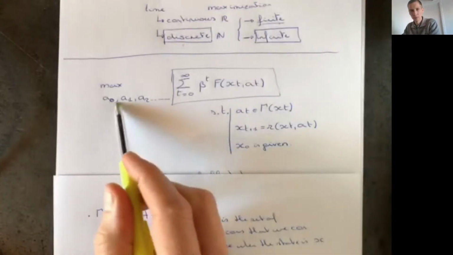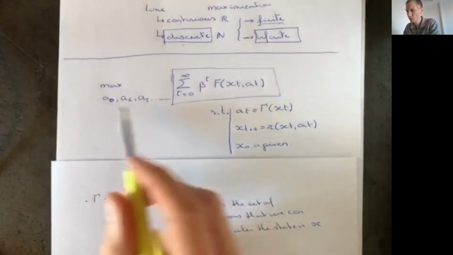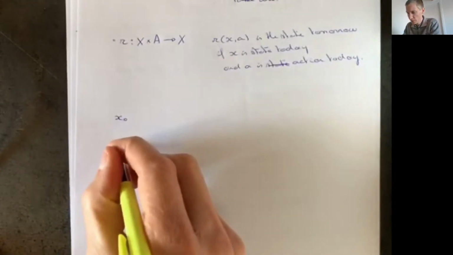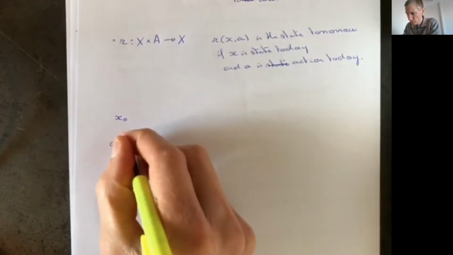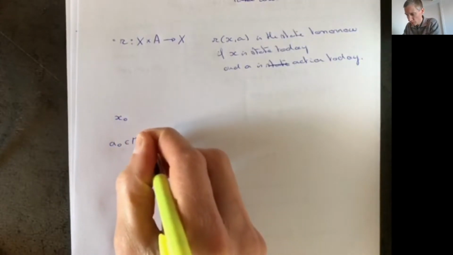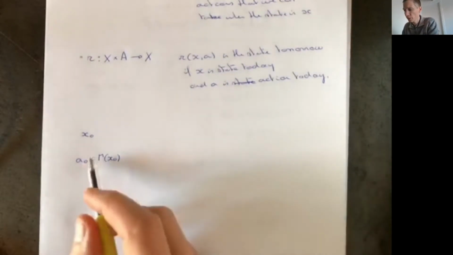Then what's under the control of the decision maker are the actions. Okay, so the decision maker takes an action A0, and this is an element of gamma of x0, right? So I know gamma, so I know which kind of actions that I can take, so I pick an element in the set.